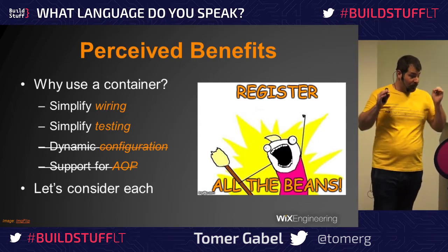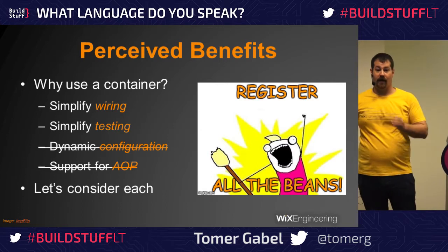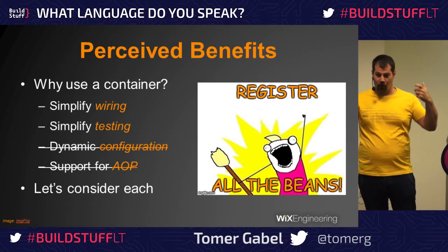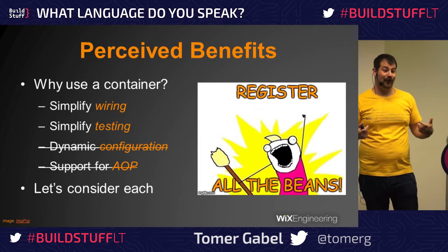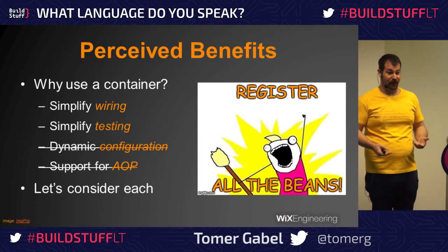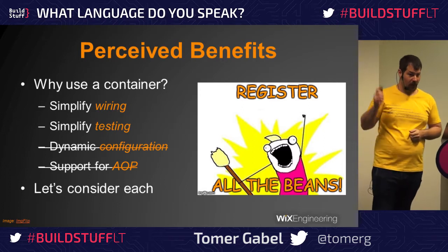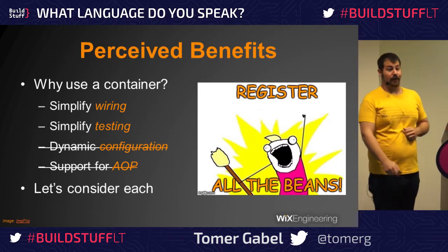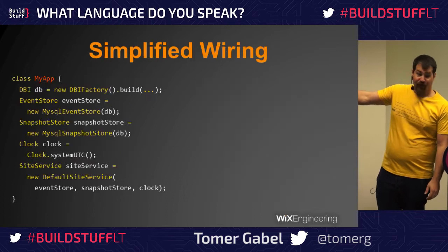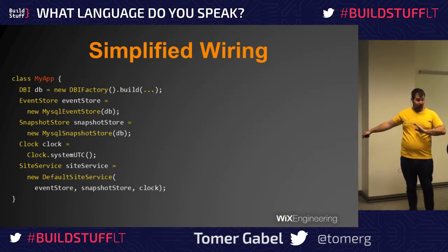I'm going to be strictly focusing on wiring and testing, which are the 2 well understood and well reasoned about benefits of dependency injection and IOC. So, wiring. I'm sorry if you can't see it in the back, but the details don't matter at all.